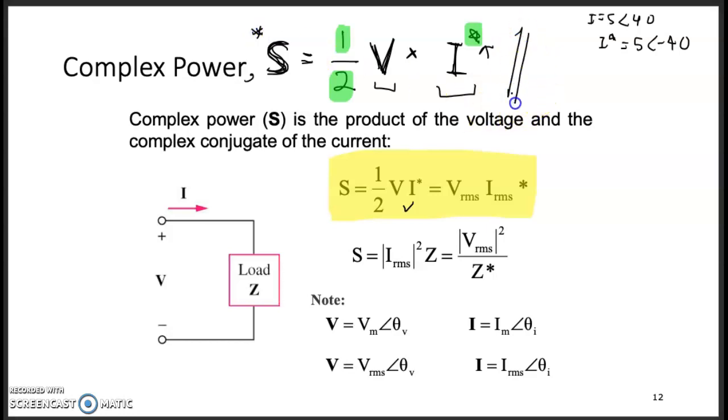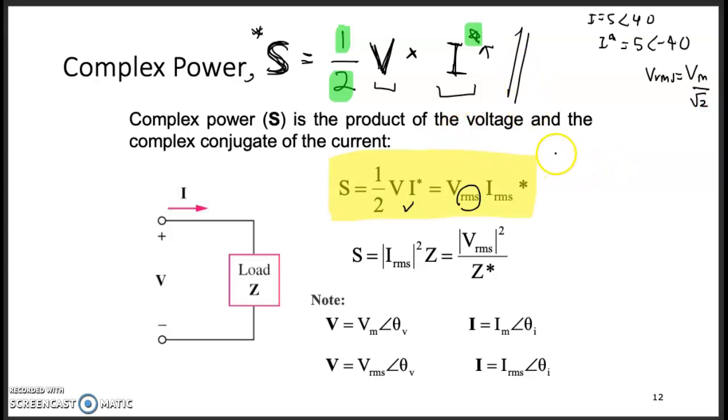Now we want to see the relation between this complex voltage and complex conjugate of the current if the question is given in RMS. So remember in the previous video, what is RMS? V RMS is the effective value. So how you relate it with the normal or complex voltage is Vm over square root 2.